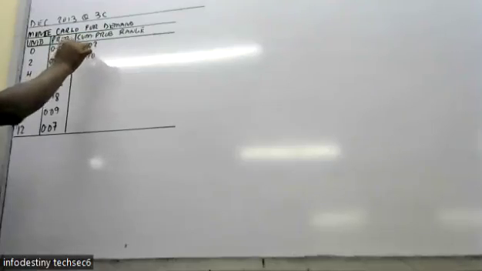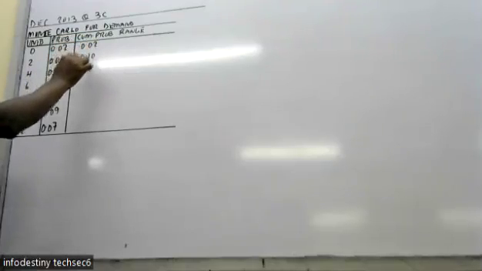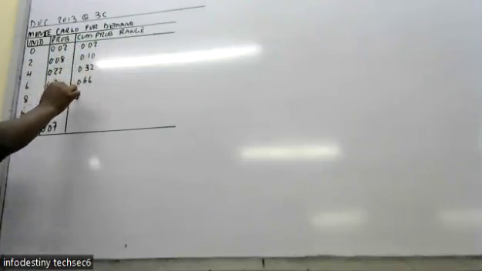Then in the cumulative column, this is 0.02, 0.10, 0.32, 0.66, 0.84, 0.93, and 1.